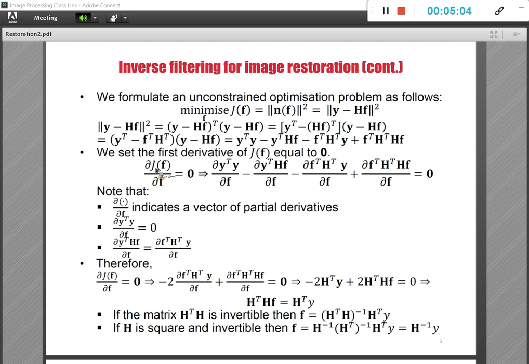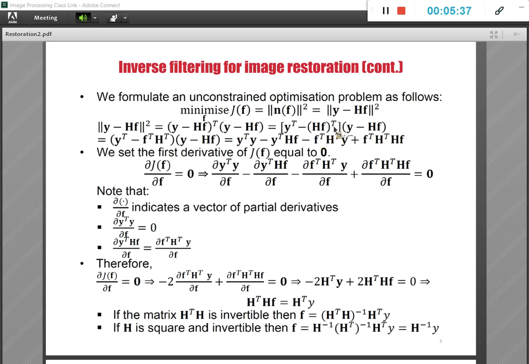But for reaching this J, we have some computations. This form, the squared norm of y minus Hf, is (y minus Hf) transpose dot (y minus Hf). The transpose applies in this parenthesis, meaning y transpose minus (Hf) transpose, dot the second parenthesis, y minus Hf.